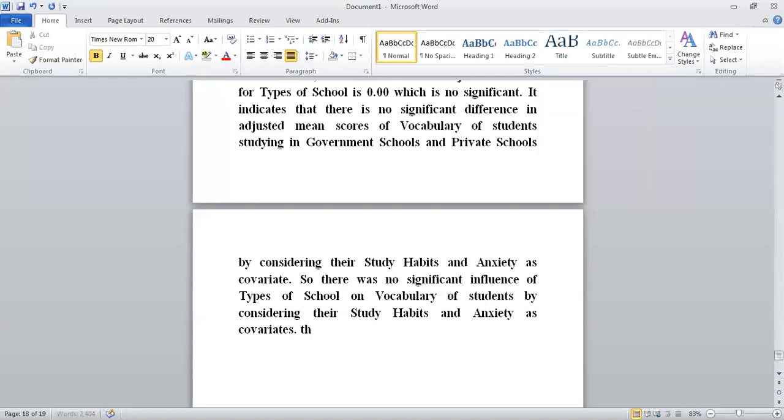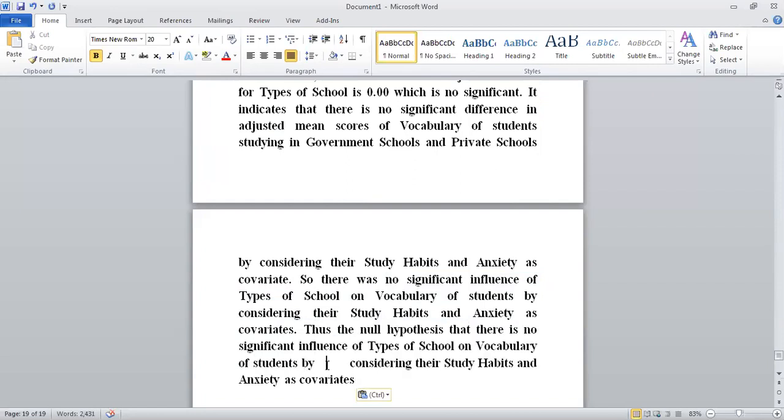Okay. Thus, the null hypothesis that there is no significant influence of types of school on vocabulary of students by considering their study habit and anxiety as covariates is not rejected.